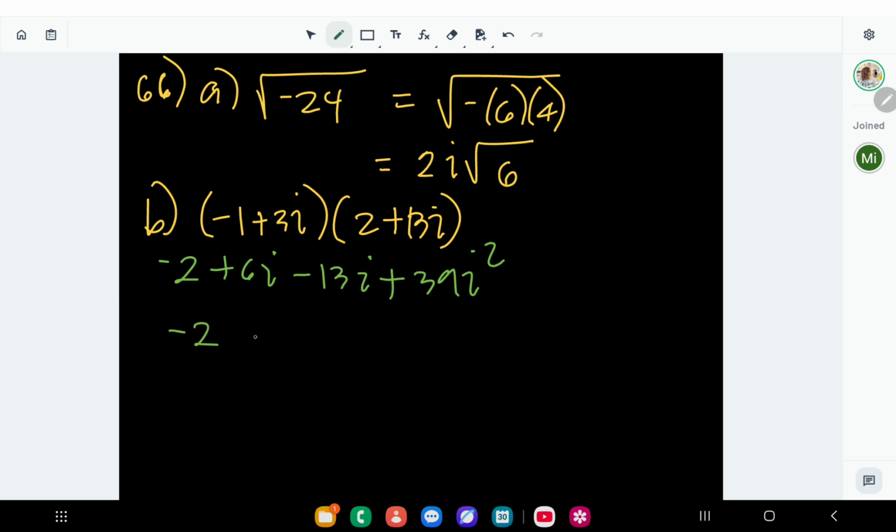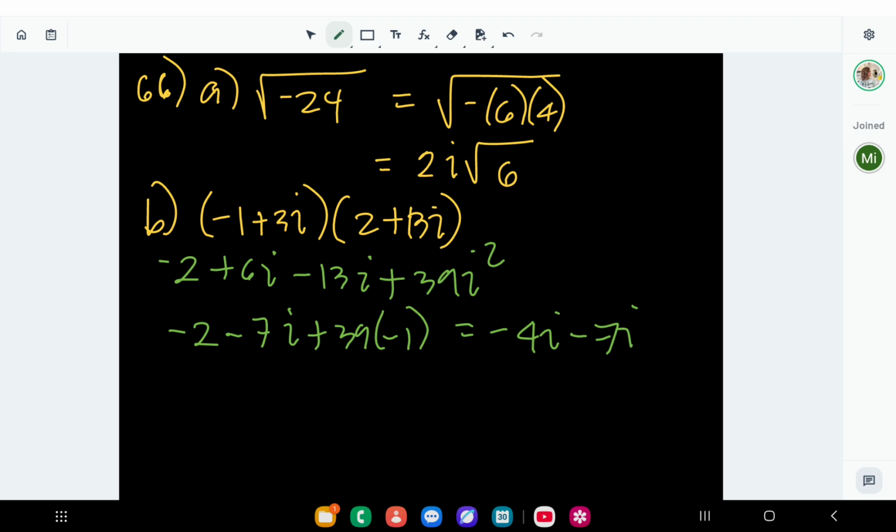So this is negative 2, and 6 minus 13 is negative 7i, plus 39 times negative 1. So this is negative 2 minus 39. So that is negative 41 minus 7i. So that's the answer.